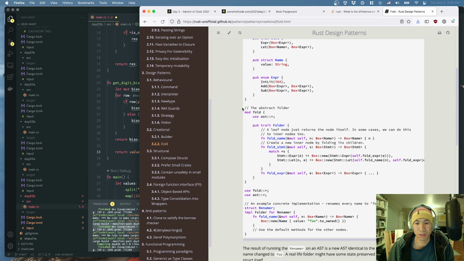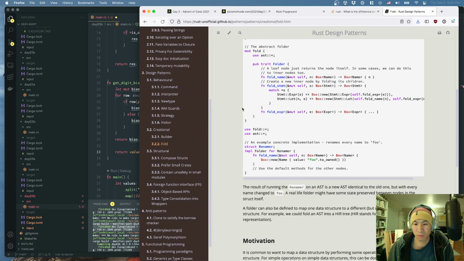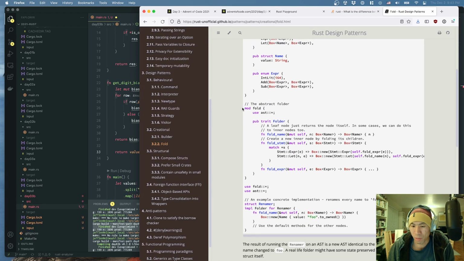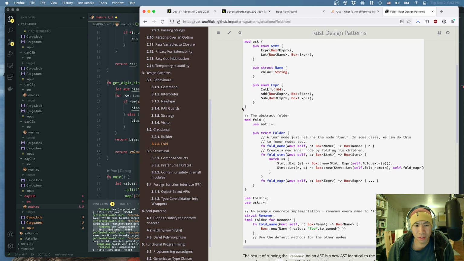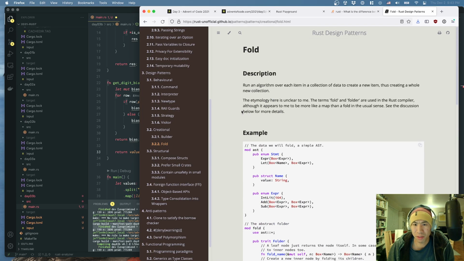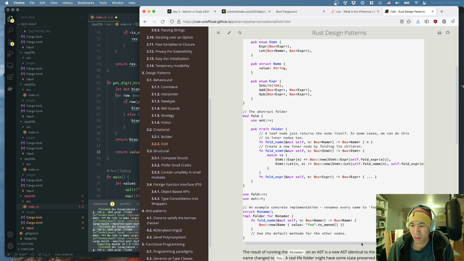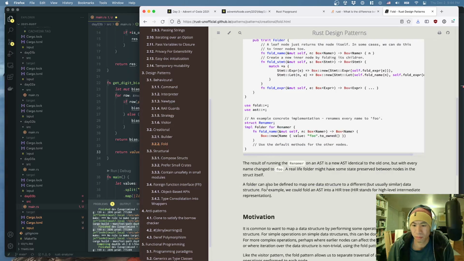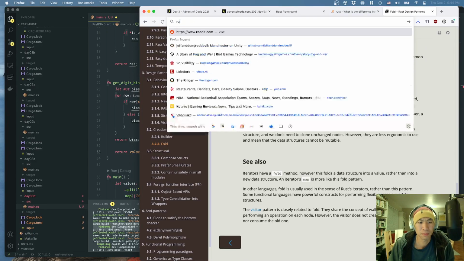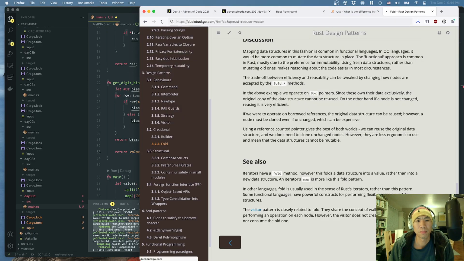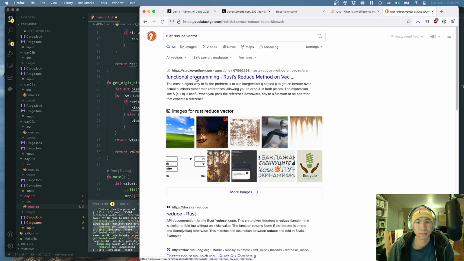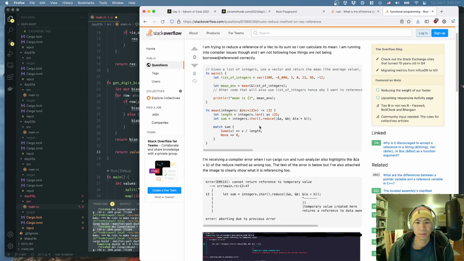No, it's fold in some dialects of OCaml, or some of the libraries in OCaml, but I feel like it's reduce, but I don't really remember. Yeah, it is reduce.